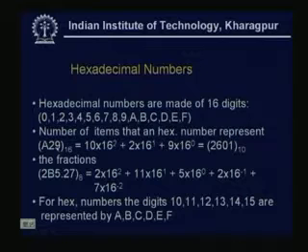If I start from here it will be 0, 1, 2. So, 10 into 16 squared plus 2 into 16 to the power 1 plus 9 into 16 to the power 0, and if I do this multiplication and addition, then I will get 2601 in the decimal number system.